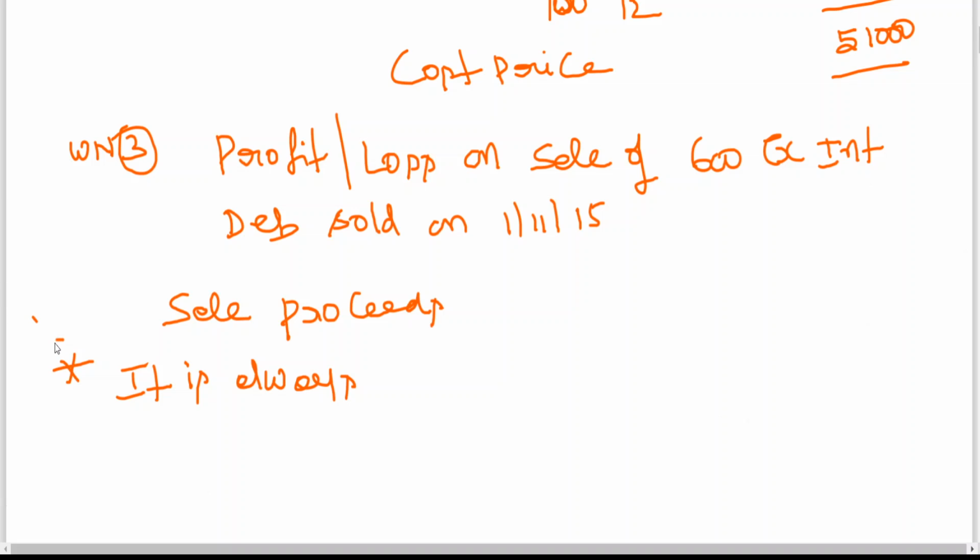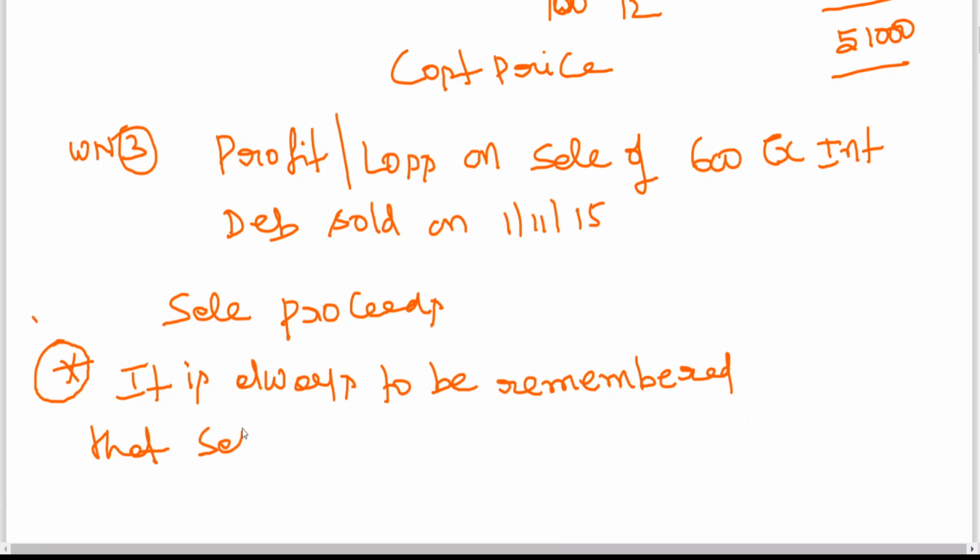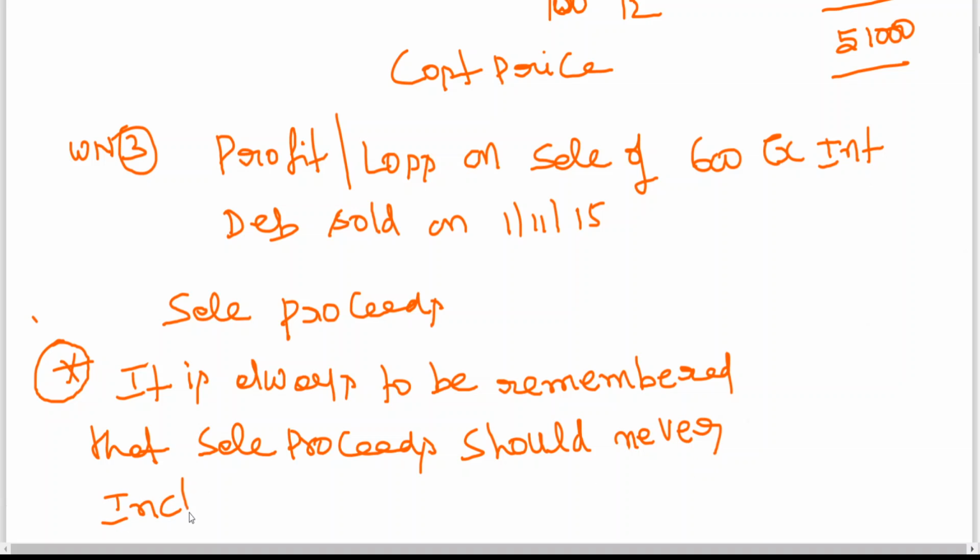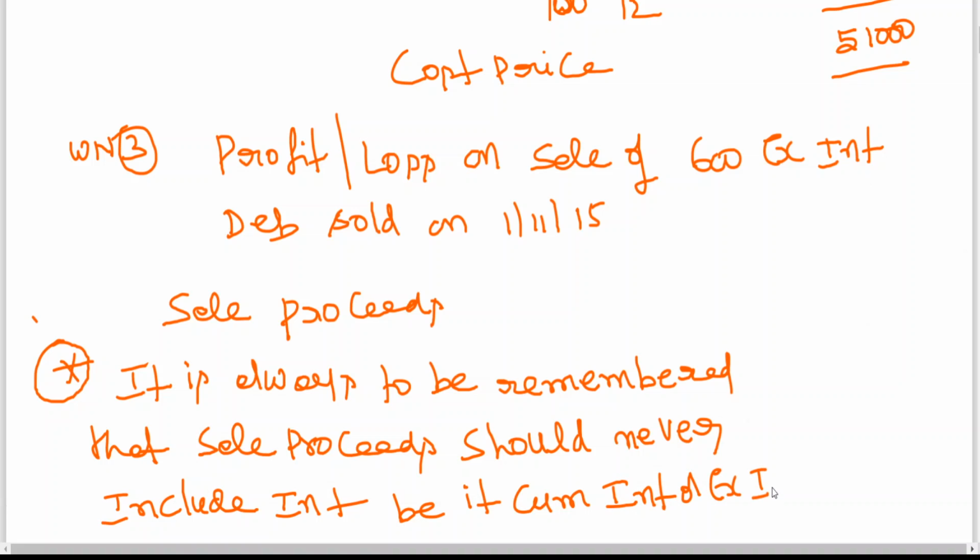This is very, very important. It is always to be remembered that sale proceeds should never include interest, be it cum interest or ex interest.